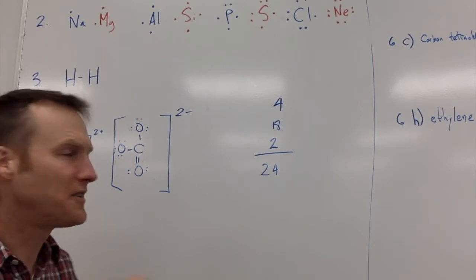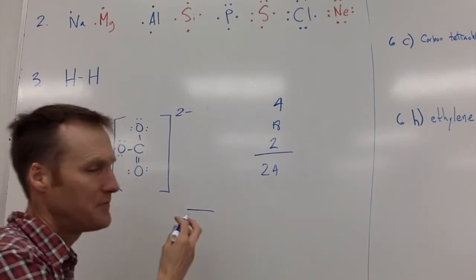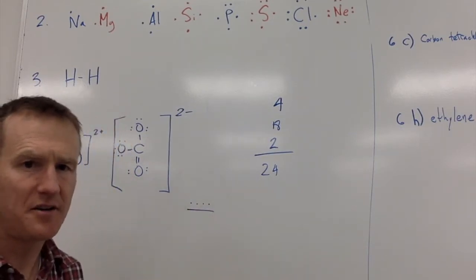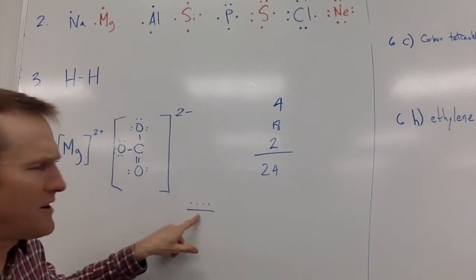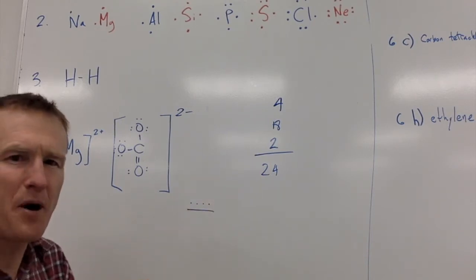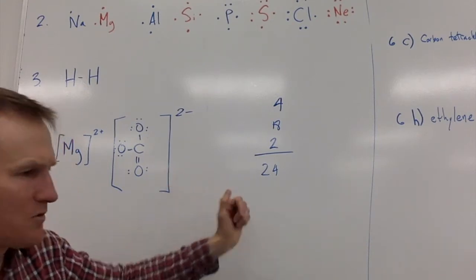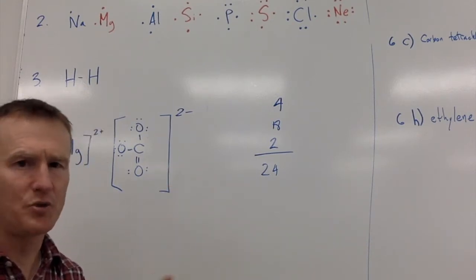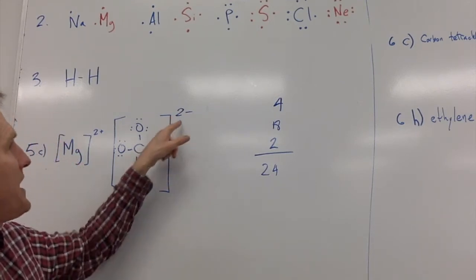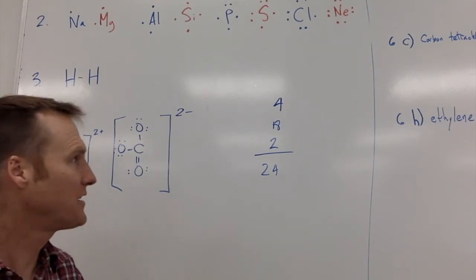A bond like this will be shown with a single solid line and then another line that is dotted like that, to show this line here is a real bond, but this one here is part of a double bond or part of another bond. So it's just showing you that the double bond is not really in just one place. That's the full Lewis structure. Notice that I added a -2 charge to the carbonate, putting the whole thing inside square brackets.